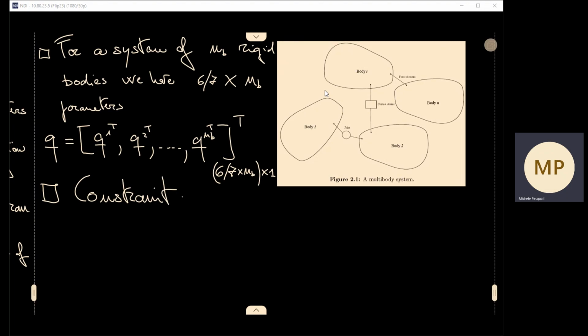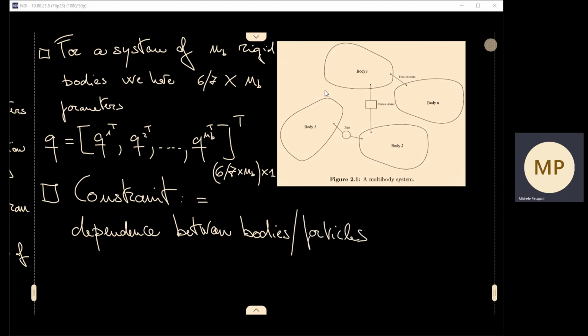A constraint can be basically defined as a dependence between bodies or particles, of course, or between a body/particle and the surrounding environment.